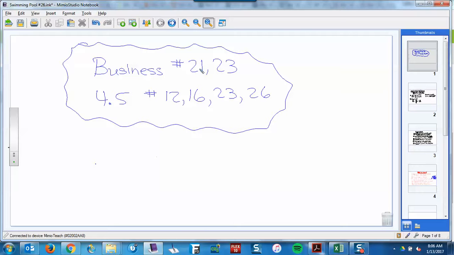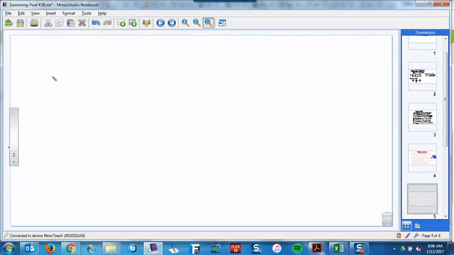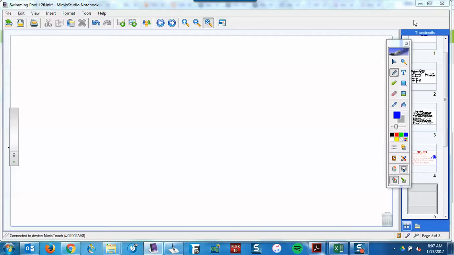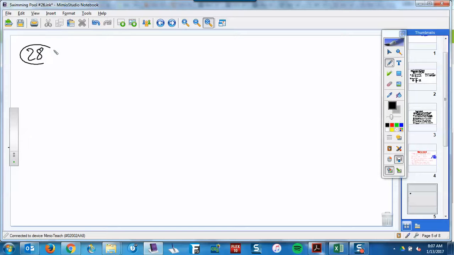Okay. So 26 is the swimming pool. So 23. All right, 23. Is that the one with the ratio of the height to the radius? Okay. So 23. They want you to find this ratio right here.